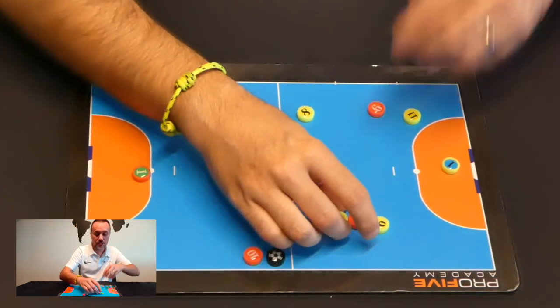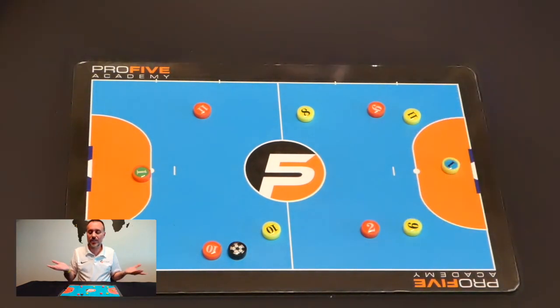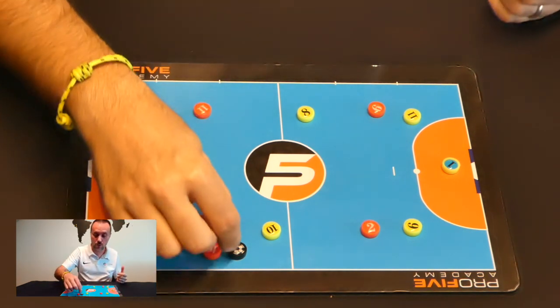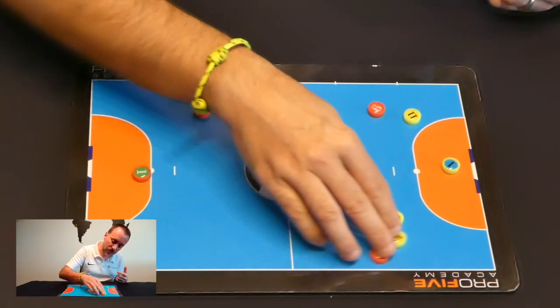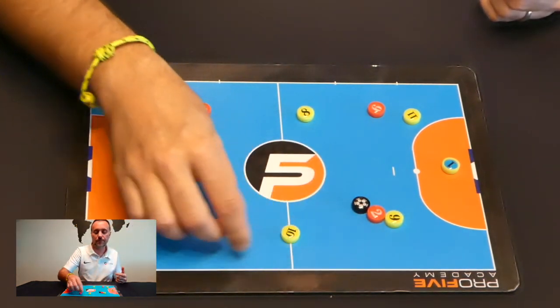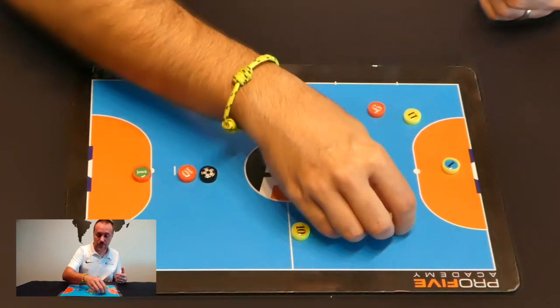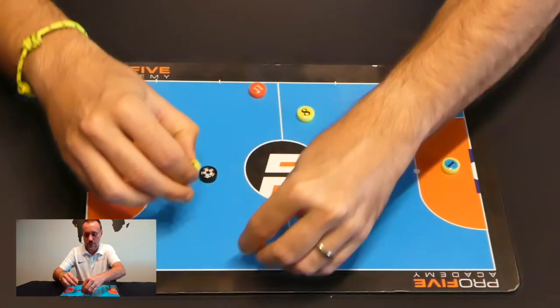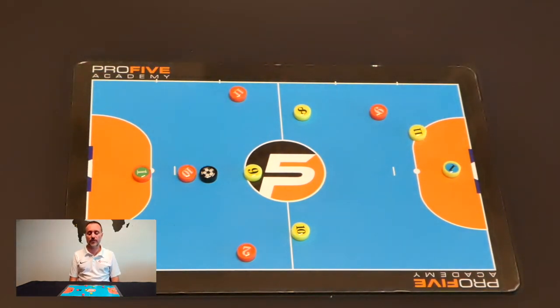But there's no option to create parallel movements. I could create folds. I could pass the ball here and try to attack with a fold action this space. If we change to the 3-1, we have different kinds of dualities that we could apply.